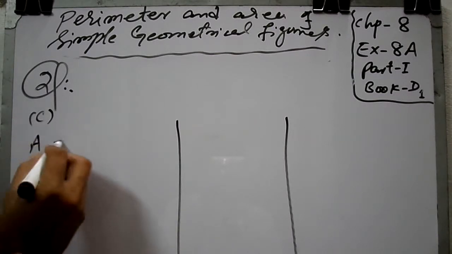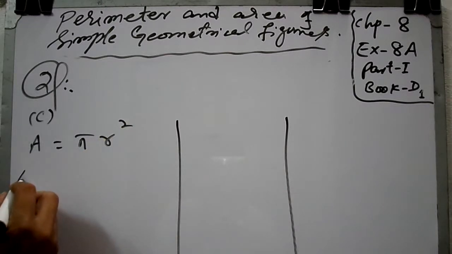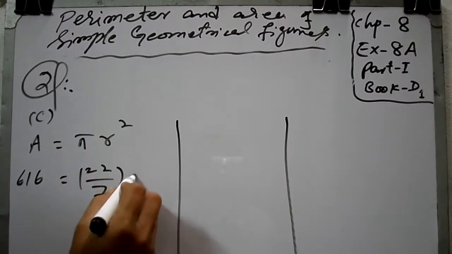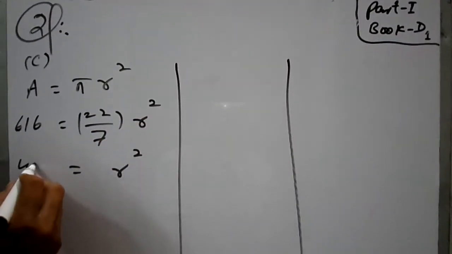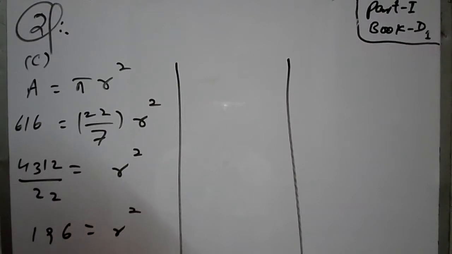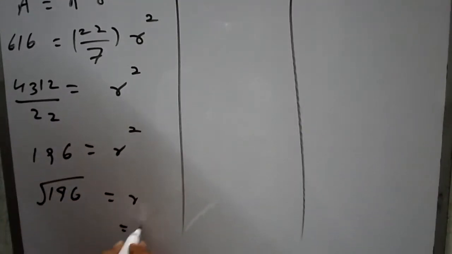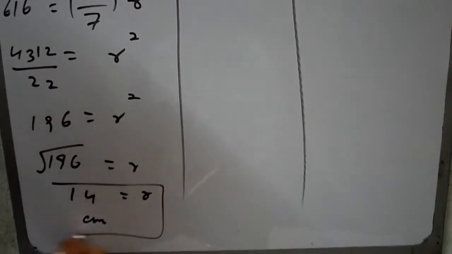Okay, area is equal to pi r square, and that is given to you, 616, and you have to find the value of r. So the value of r squared is 4312 by 22 over 7. By using cross multiplication and simplification you will get this 196, but you need the value of r, 196 under root, so the value of r is 14 centimeter.